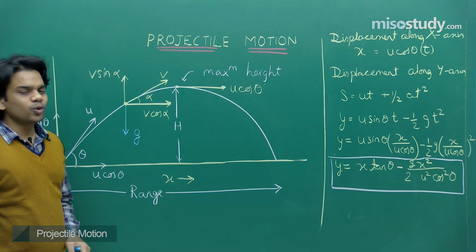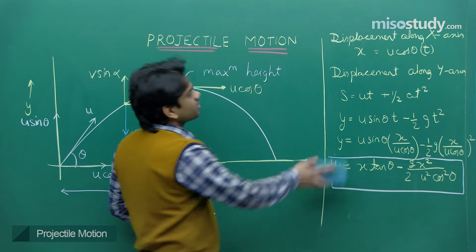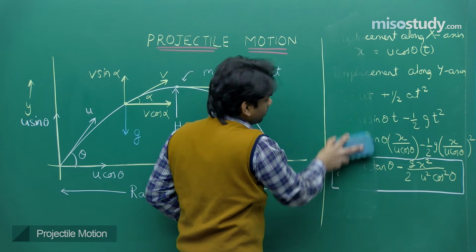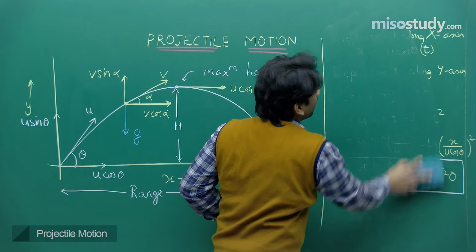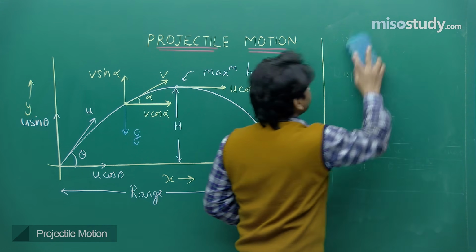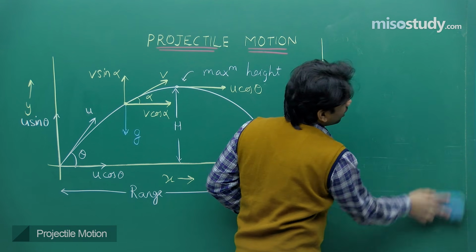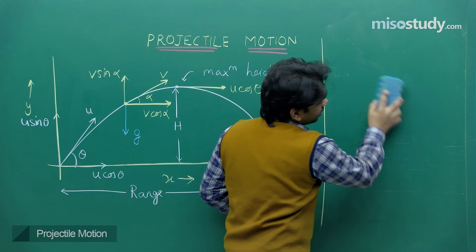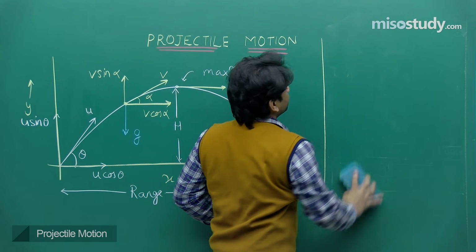If you want, we can show that also. Let's prove this. What is the time taken to reach the maximum height point? Let's find out the time taken to reach the maximum height.